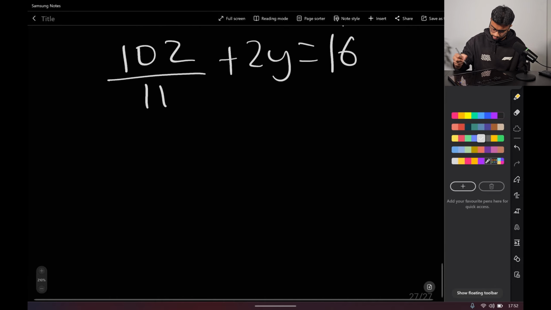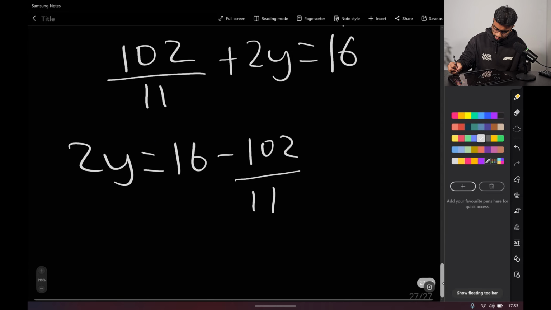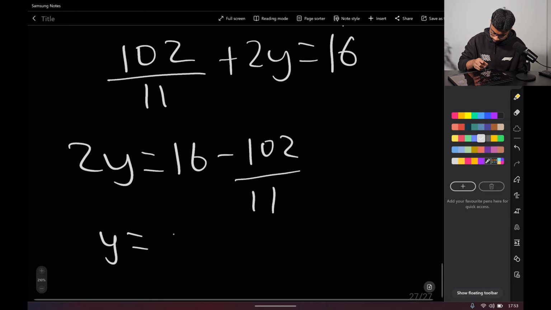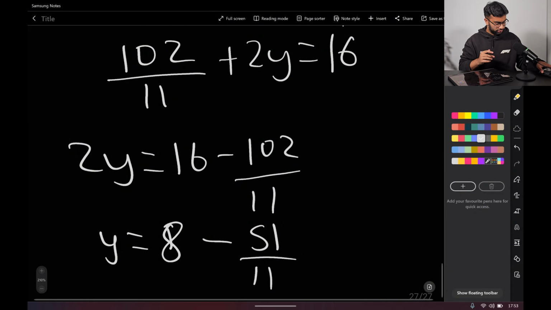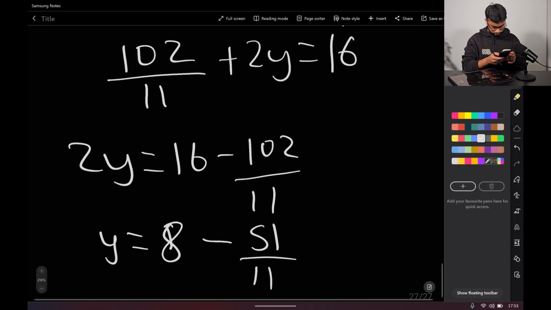To get the y on its own, we'd have 2y equals 16 minus 102 over 11. To get y on its own, we can just divide that by 2, so we get y is equal to 8 minus 51 over 11, which would give us y is equal to 37 over 11.